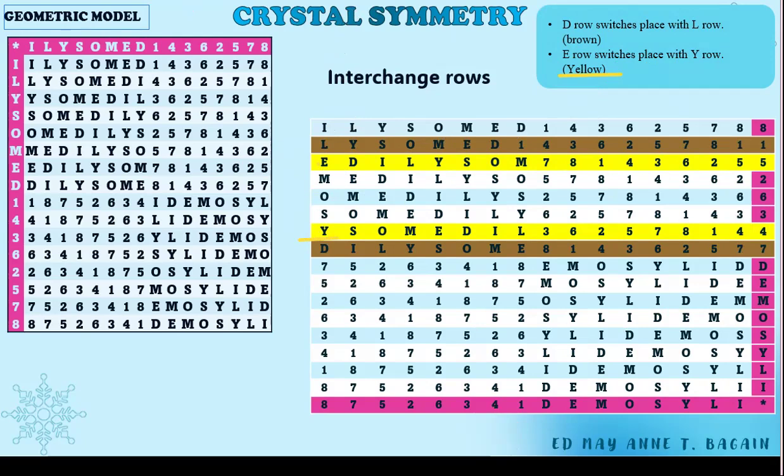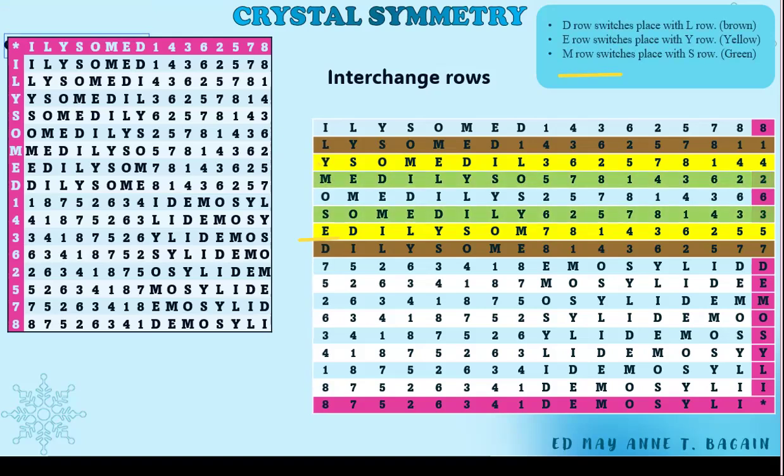We have the row of M. The row M switches with the S row, which is the green one. So ILYS, it should be S here, not M. And then let's check what would be the next one to make everything correct.